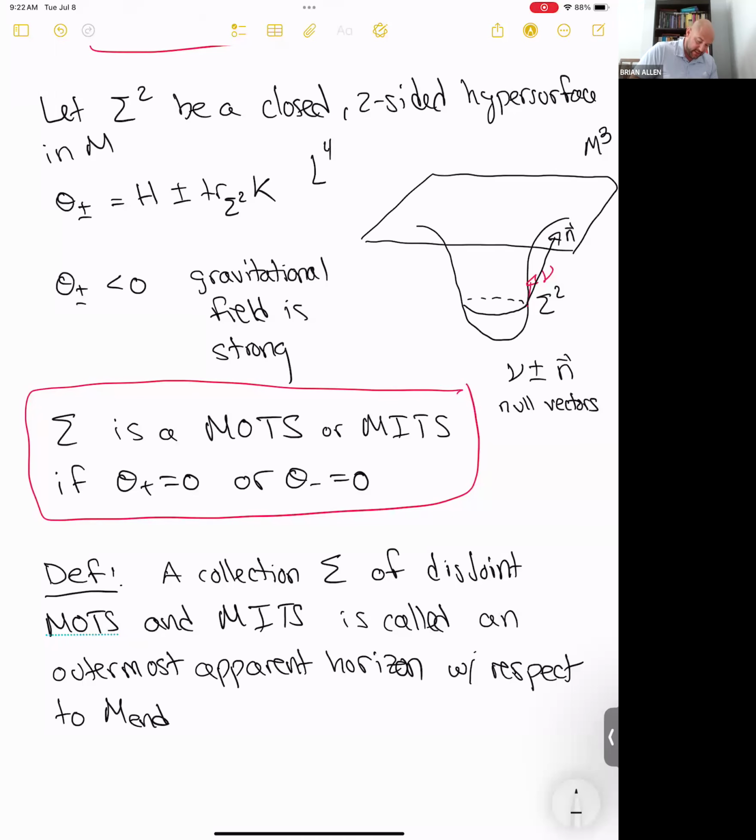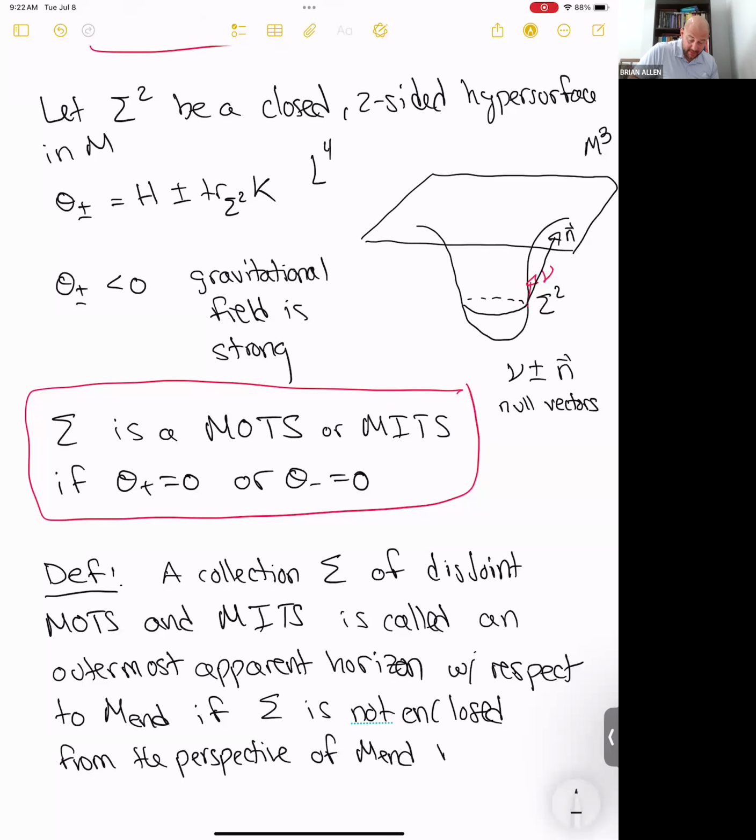outside direction. And the reason, or in the definition, is that if sigma is not enclosed, from this perspective of the end, by any other disjoint collection.